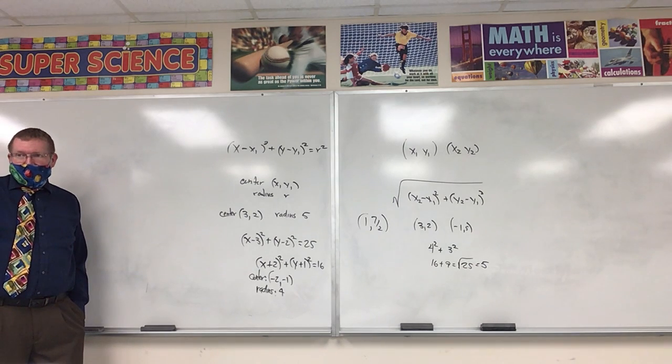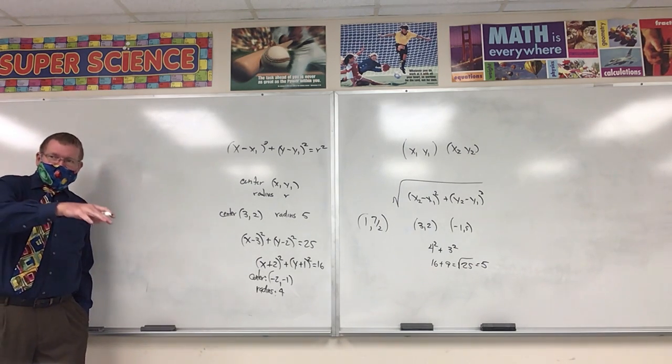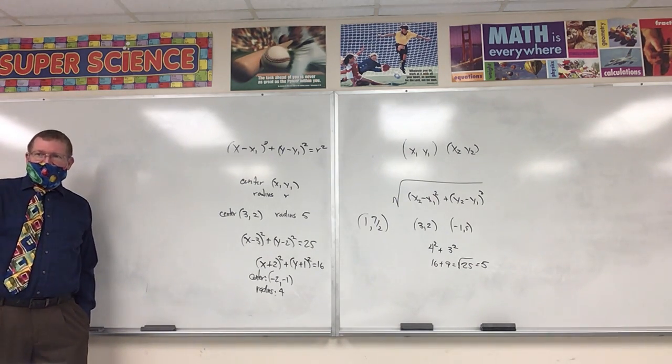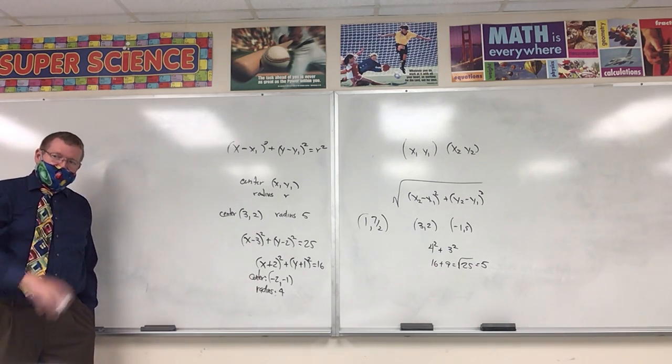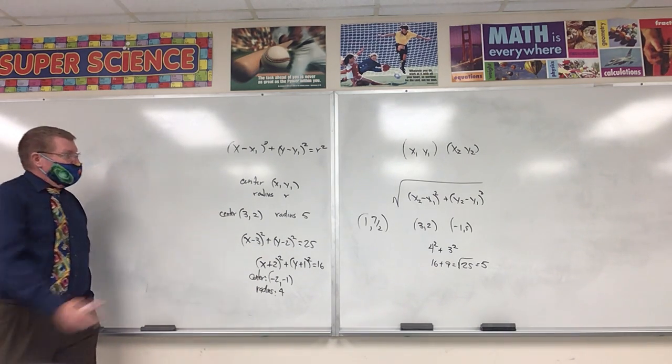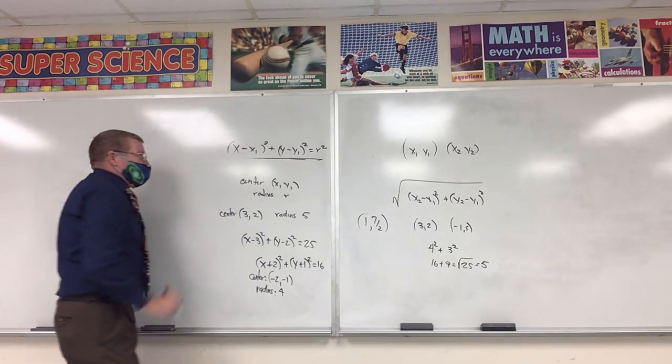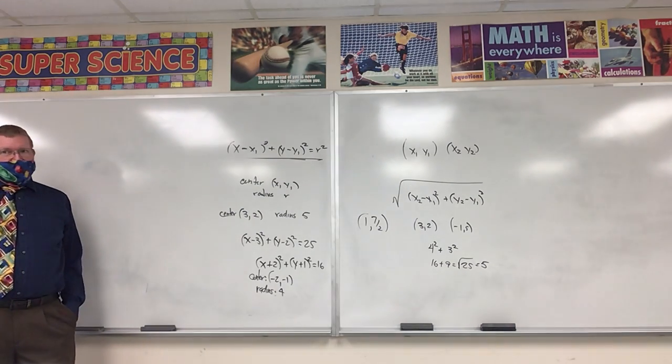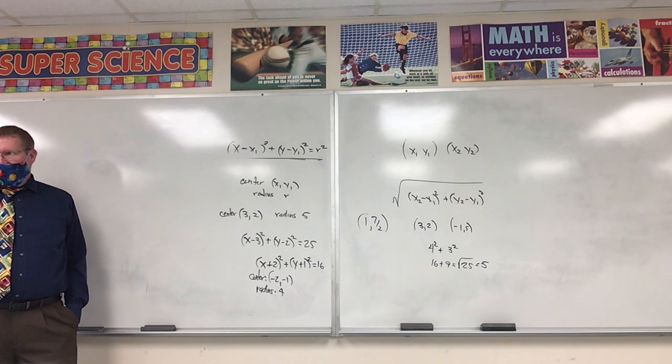Okay? And that's what I'm doing in the equation of the circle. Finding the center, finding the radius, or I have the center and have the radius, and I'm finding the equation. But this is my equation, x minus x1 squared plus y minus y1 squared equals r squared.